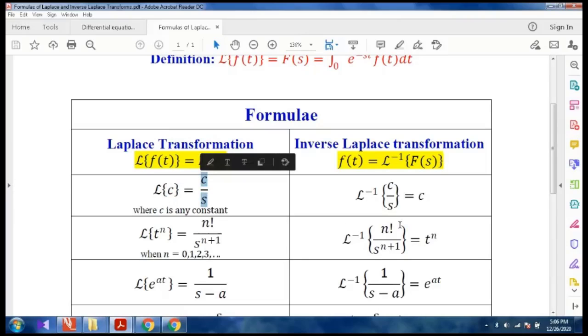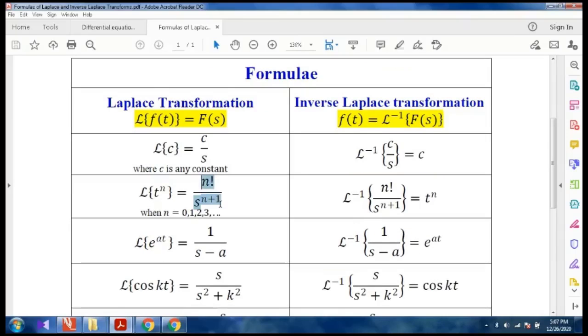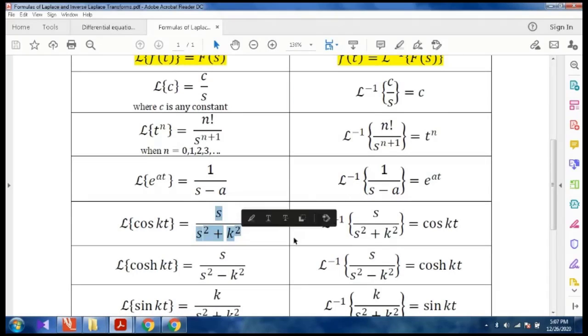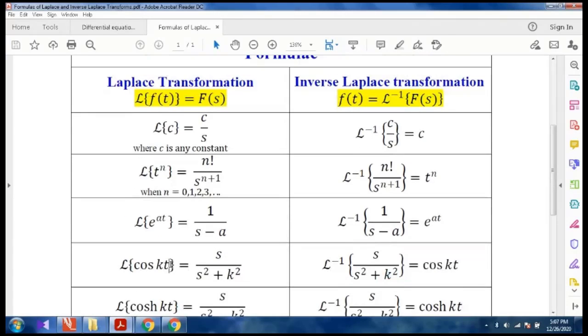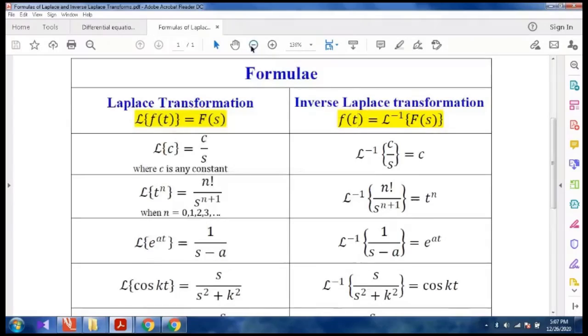Now suppose we have constant by s and we are using inverse Laplace, then we'll get c. So same part is here. You can see 1 by s minus a, 1 by s minus a. S over s squared plus k squared, s over s squared plus k squared. And we are getting the f of t function. So these formulas are helpful.